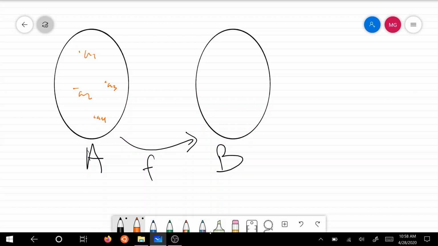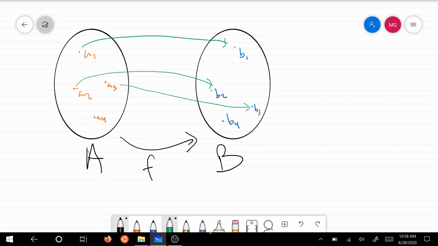A3, A4, and then over here we've got B1, B2, B3, and B4. Then we need some mapping, so I'm just going to map the like numbers to make my life easier. Everything here has something in A. That's surjectivity.